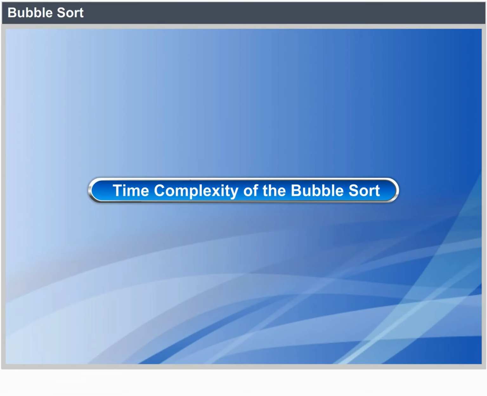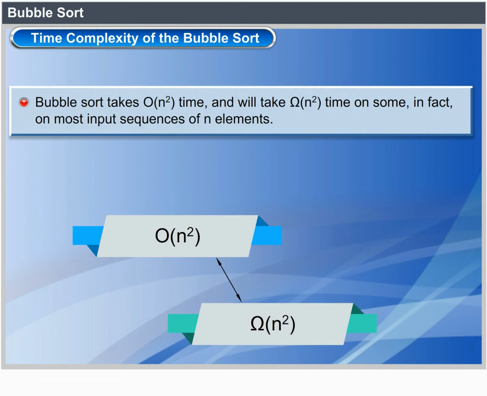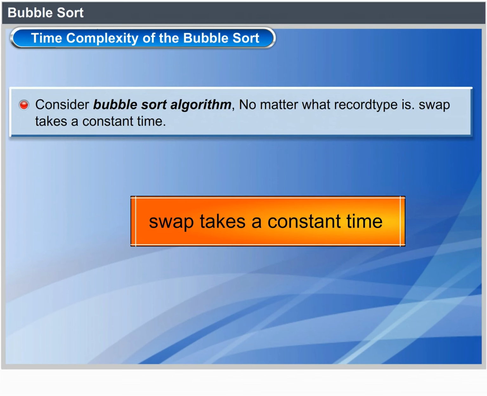Time complexity of the bubble sort. Bubble sort takes big O of n squared time and will take big omega of n squared time on some, in fact on most, input sequences of n elements. Consider the bubble sort algorithm. No matter what the record type is, swap takes constant time.